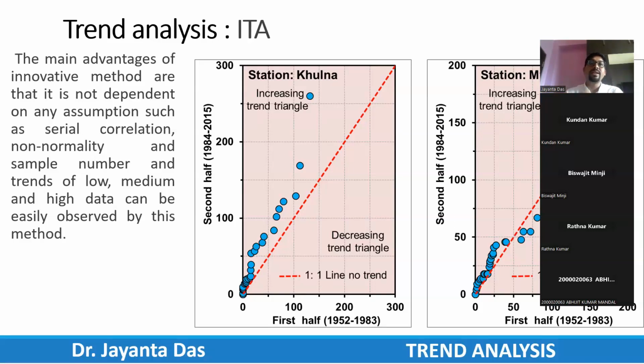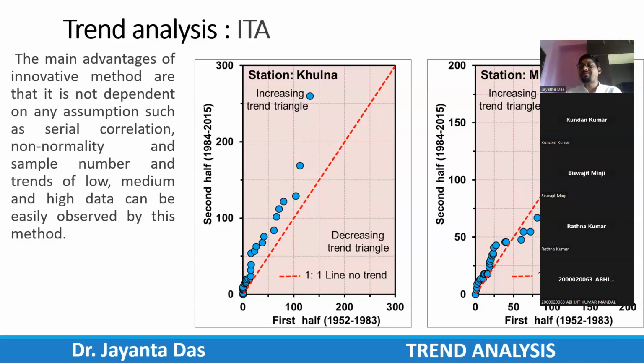But using innovative trend analysis, we can easily say whether any sub-trend exists or not. Also, this method is not dependent on any assumption like serial correlation, normal distribution, or sample number. Instead of that, we can also evaluate low, medium, and high data.